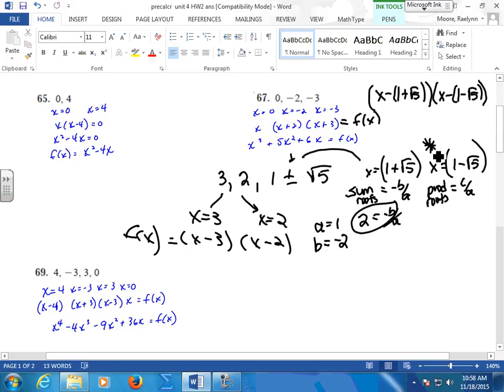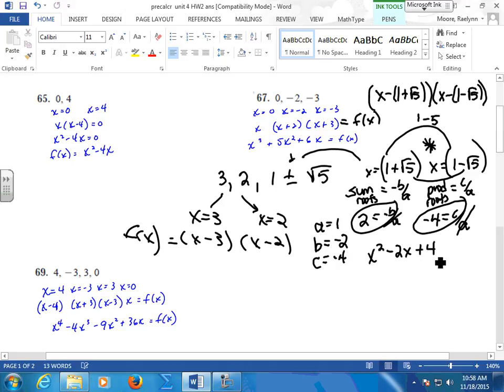Let your calculator do this part. It's your perfect squares, 1 minus 5. This gives me a negative 4. Again, we let a equal 1. So now what is c equal to? So our quadratic is x squared minus 2x minus 4.